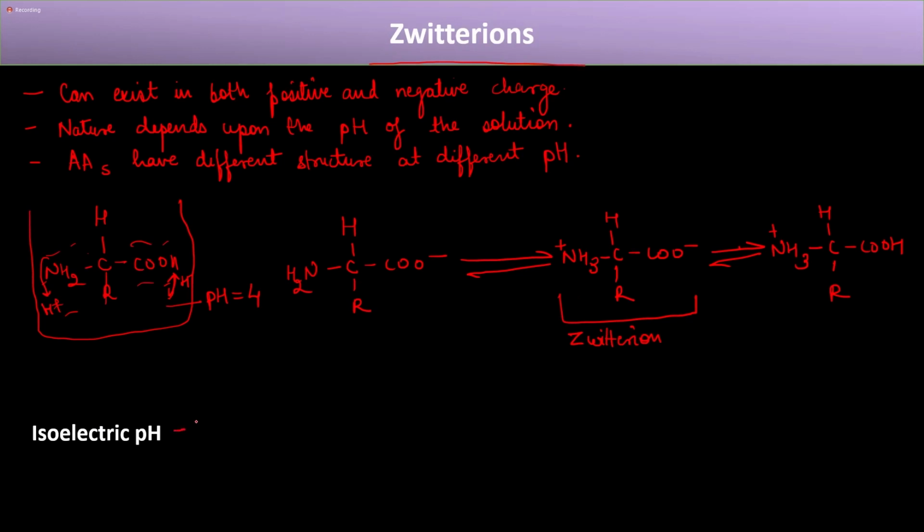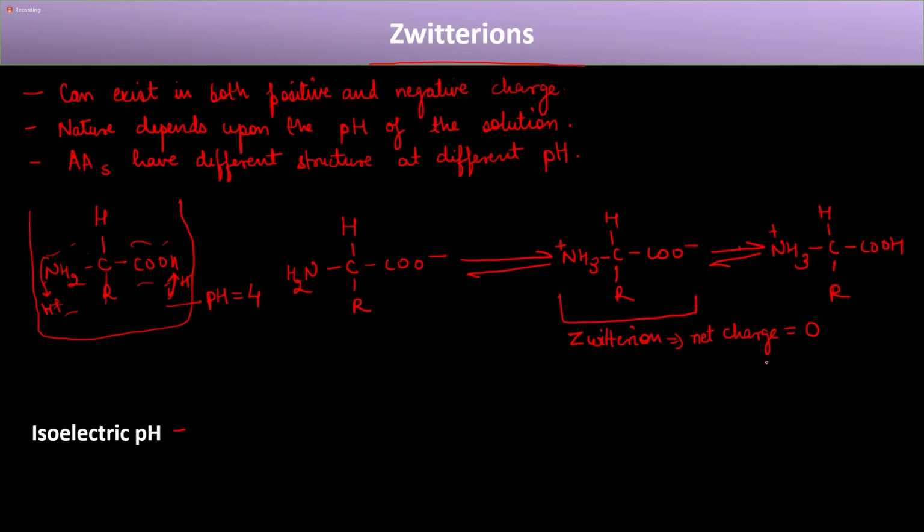So what is isoelectric pH? If you see the structure, this amino acid has one positive charge and one negative charge. So what is the net charge on this structure? The net charge will be 0, because one positive and one negative charge cancel each other.